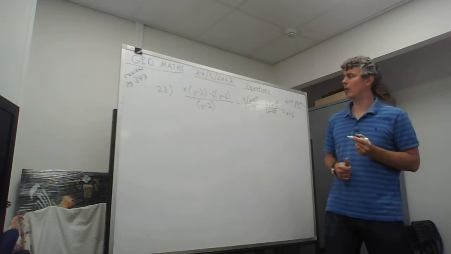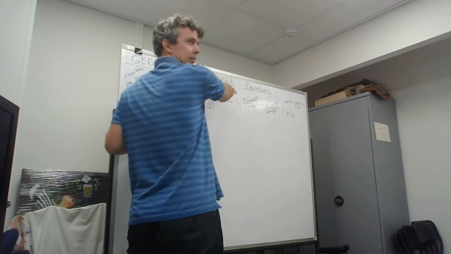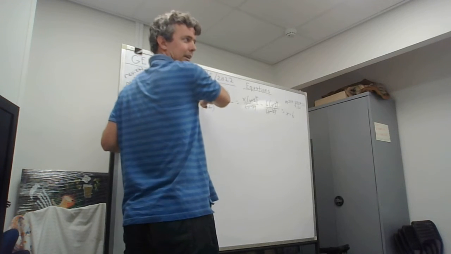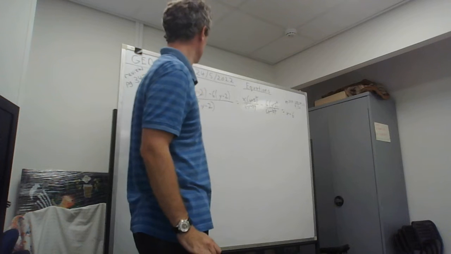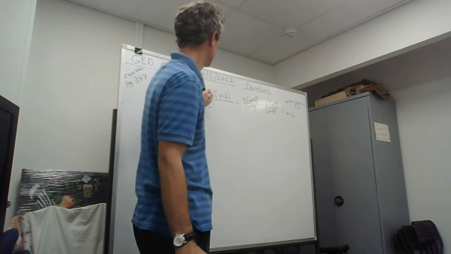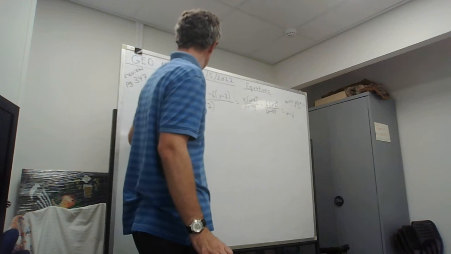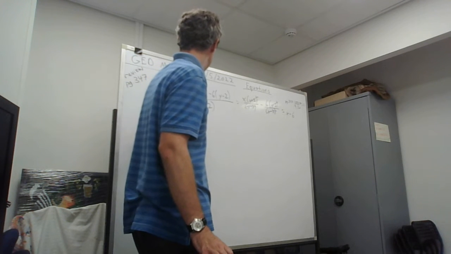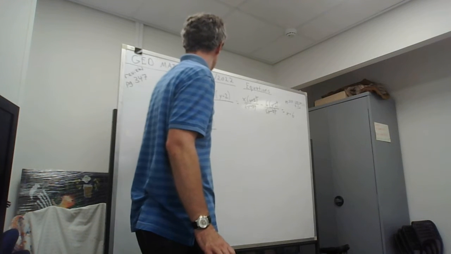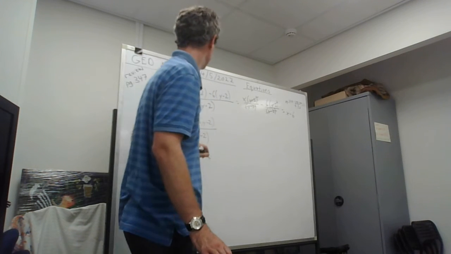Or I could say, well, I see I have the same term here and here, so I can just cancel them straight out. But to know why I can do that is because you can write this using the inverse distributive property, and this equals x minus 6 times y minus 2 all over y minus 2.